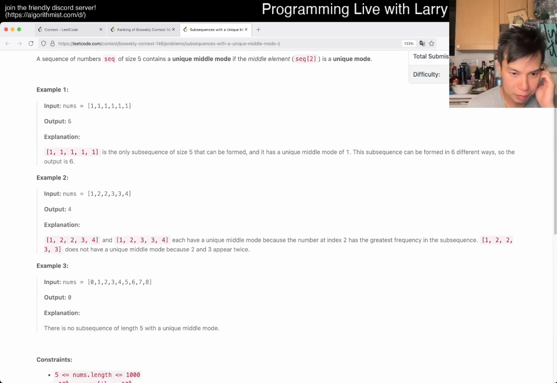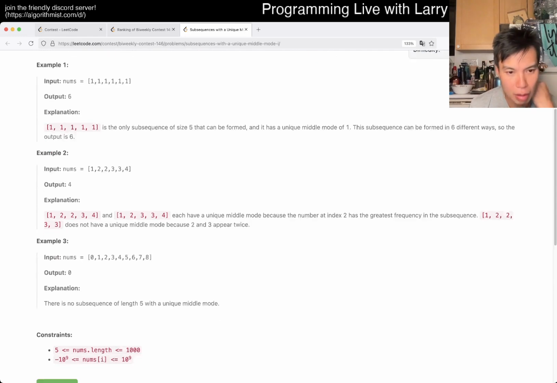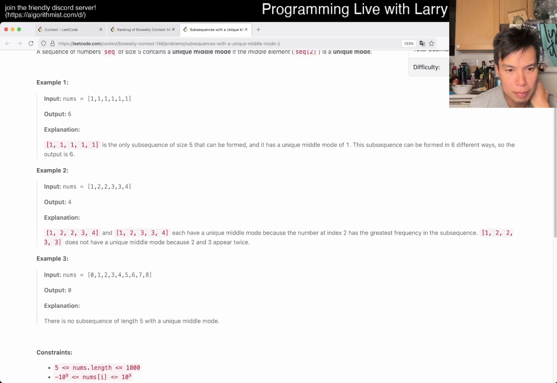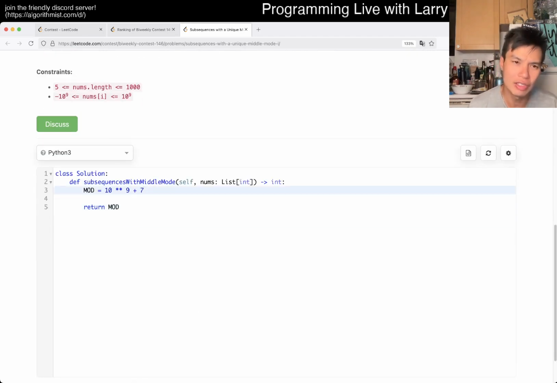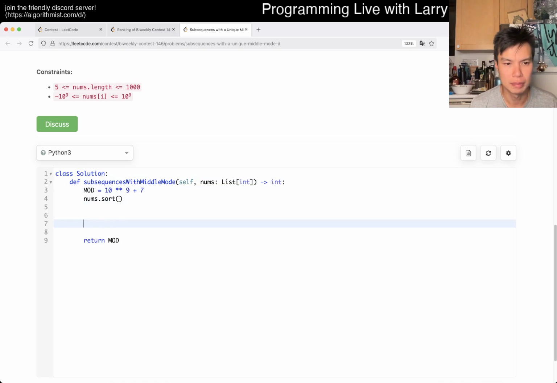That's a funky one. What does a mode mean? Well, first of all, I think 1,000 numbers only though. Maybe that could be a hint. I don't know if we need a sort, but it's fine.